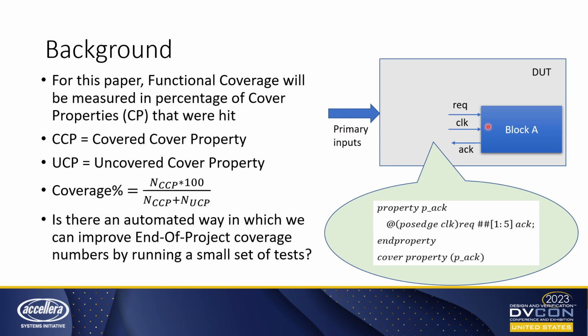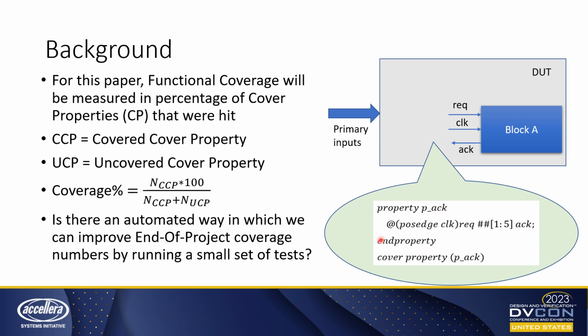The designers are interested to see if we exercise a condition where, when the request was asserted, the ack came back within 1 to 5 clocks from the request assertion. If that's the property we want to see covered, then this is the syntax to code it up. Once you code the cover property up, if after running a bunch of tests that condition was hit, then we will get to know it.